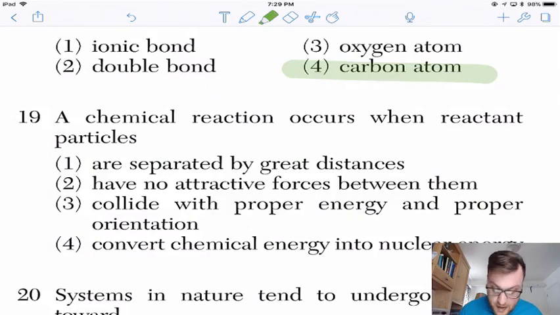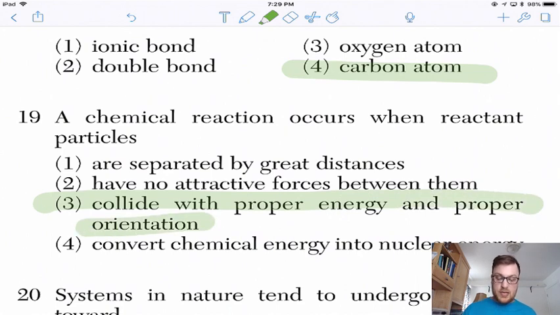A chemical reaction occurs when they collide with proper energy and orientation. I always gave the analogy of putting your keys in the car to start it. If you put them in backwards, aka orientation, they're not going to start the car. You can't put the keys in the wrong way.